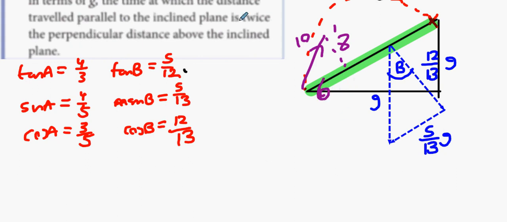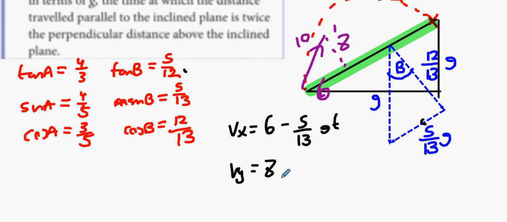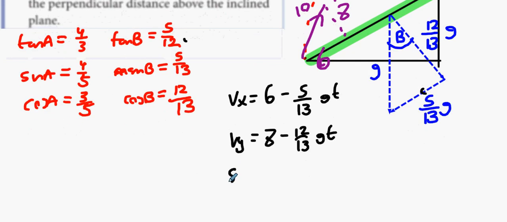Now we're in a position to set up our equations. Vx equals 6 minus 5 over 13 gt. Vy equals 8 minus 12 over 13 gt. Sx equals 6t minus half of that, so 5 over 26 gt squared.